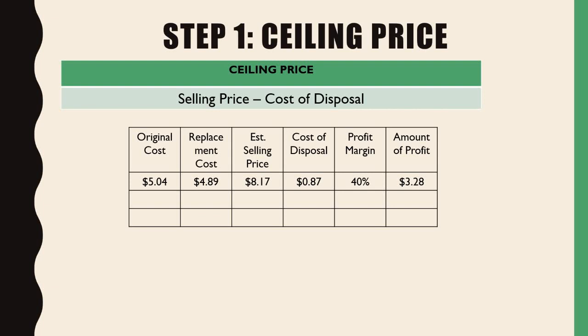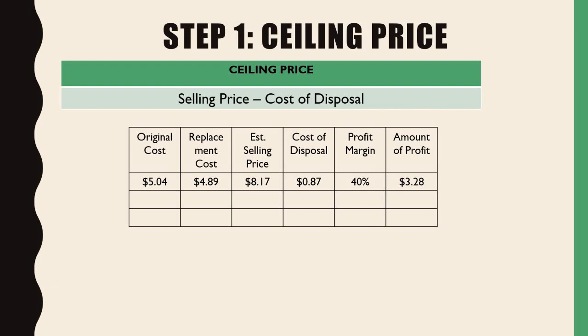Starting with step 1, you're going to need to determine the ceiling price. Now, you will be given these numbers, okay? You will be given the item that you purchased and the original cost per item. And you're going to be given the replacement cost, which is what the market tells you, as in you researched it and found out this is what it's currently priced at.